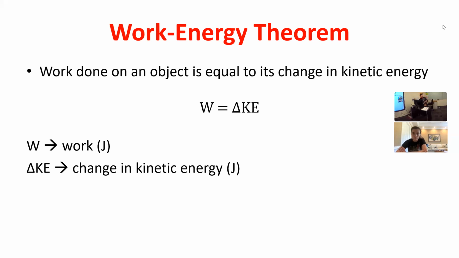And any amount of work we do is going to be measured in joules as well. And that makes sense that they have to be the same because if we're saying that they're equal, that's really what the work energy theorem tells us. The work we do is equal to the change in energy. If they're equal, they have to have the same units. And so work is in joules, energy is in joules as well. We're going to prove that here in a few minutes with some unit manipulation over here.